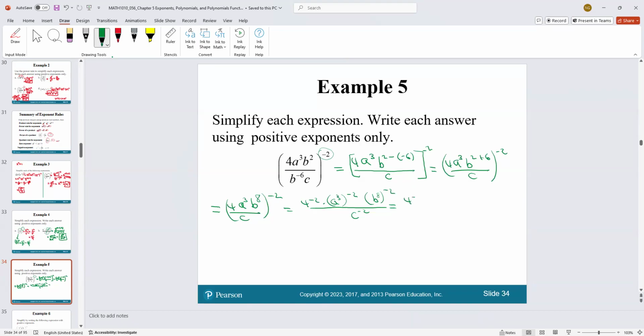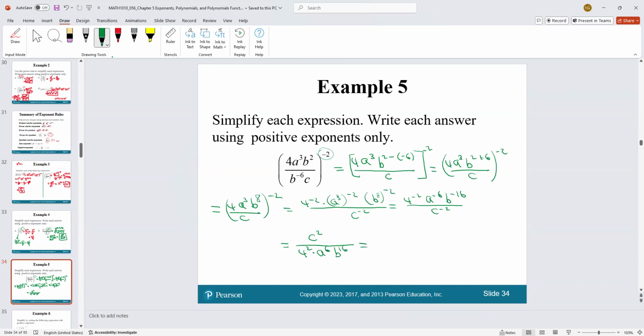So 4 power -2, a power -6, b power -16 over c power -2. Remember the rule, never keep your exponents negative. What we can do here, we bring the c power 2 to the top, make it positive, but 4 power 2 denominator, a power 6 positive, b power 16 positive.